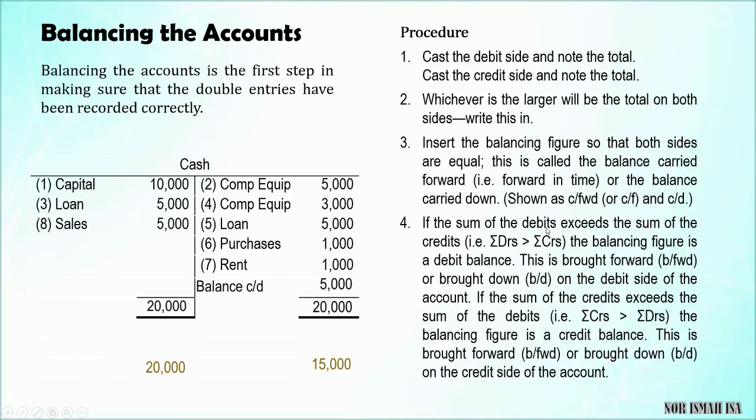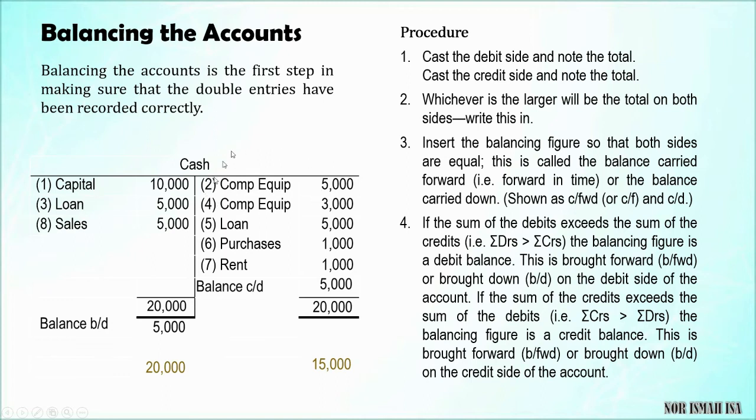So if the sum of debit exceeds the sum of credit, let's say this is 20,000 and this is 15,000, so this is more, it means that the closing balance should be on the debit side because this is more. So the balance B/D, brought down, is 5,000. So this is the closing balance. So if the question asks what is the closing balance for the cash account, it is 5,000 debit.